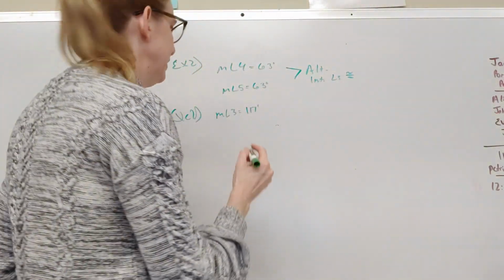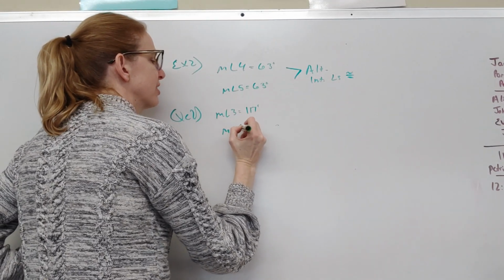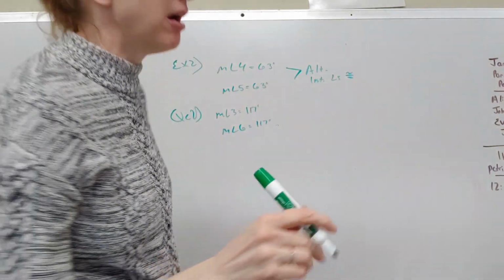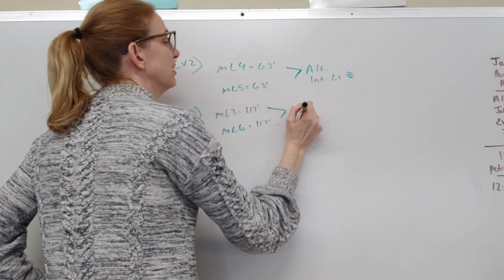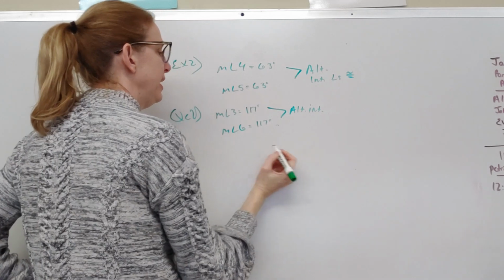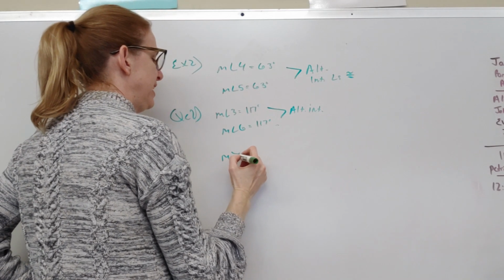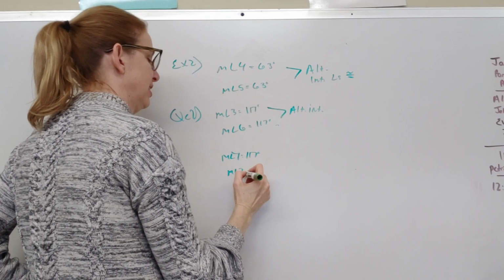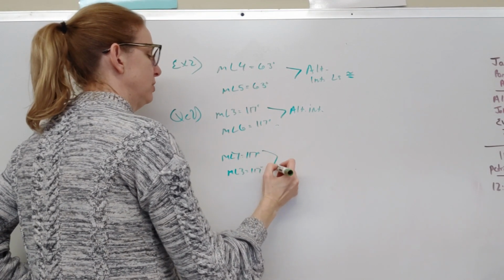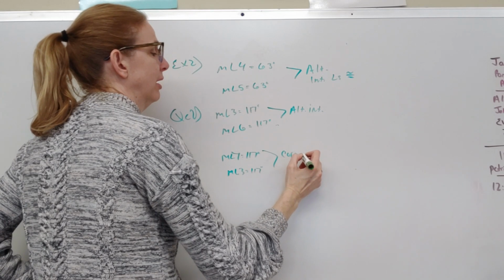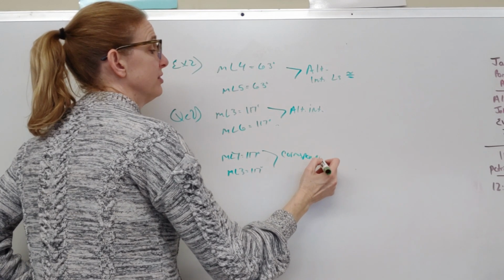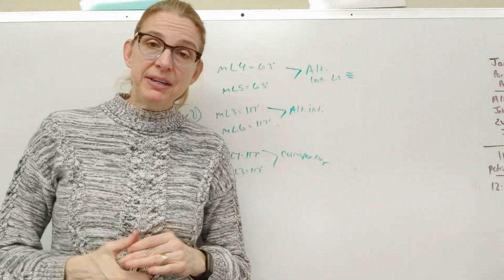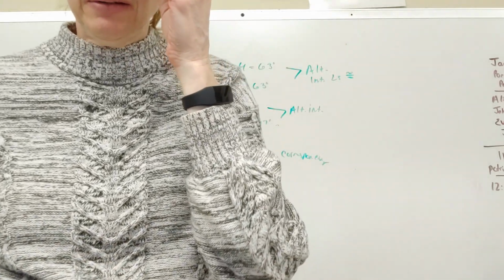So they're all congruent. So the measure of angle 6 is also going to be 117 because they are alternate interior. And the measure of angle 7 is going to be 117 because those two are corresponding. You could also say angle 6 and angle 7 are vertical angles, which makes them congruent. Remember at the beginning, I said there's a lot of ways to solve these.